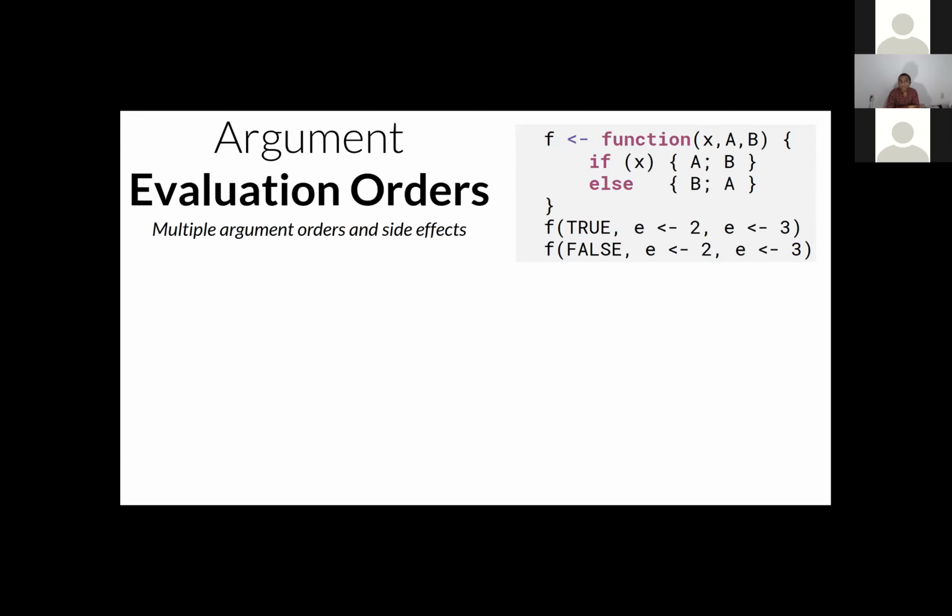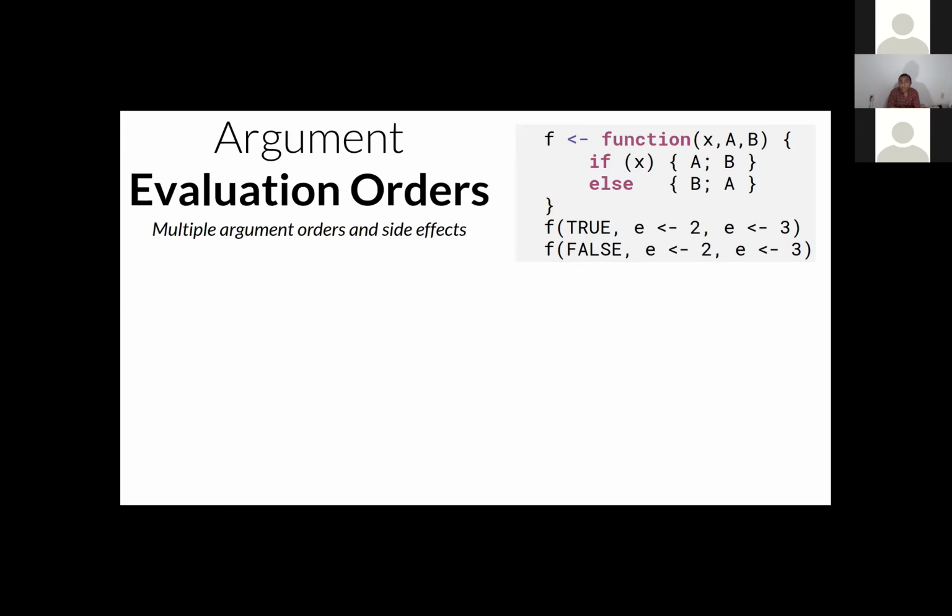So here is a function f which takes three arguments x, a and b. And if x is true, we evaluate a, then b. And if x is false, then b is evaluated and then a. Now this function is called two times. The first time it's called with x true, and the second time it's called with x false. And the remaining two arguments are the same.